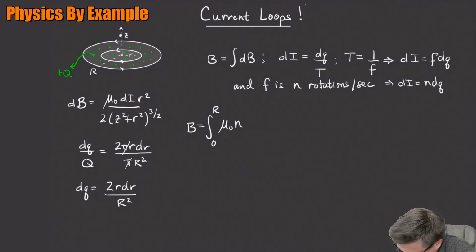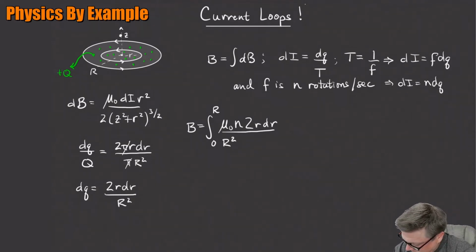And my dq is 2r dr over big R squared. All right, so that's my di, and then I'm going to have another r squared times r squared, and then I'm going to have another 2 times z squared plus r squared to the 3 halves.